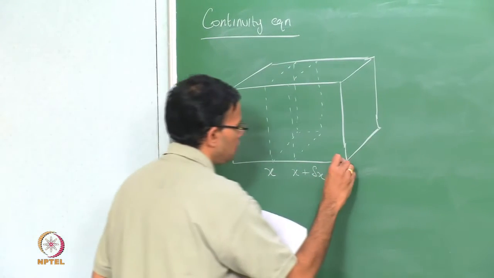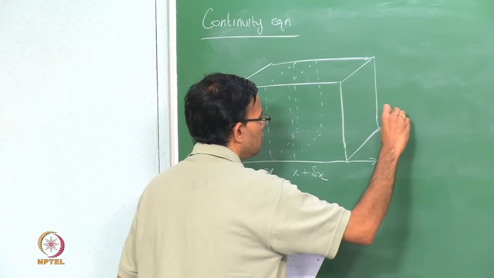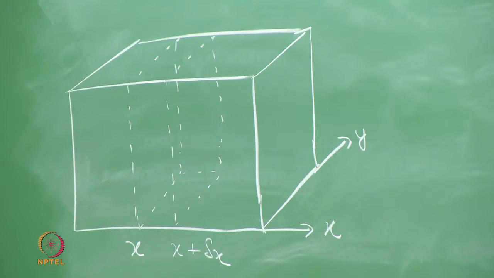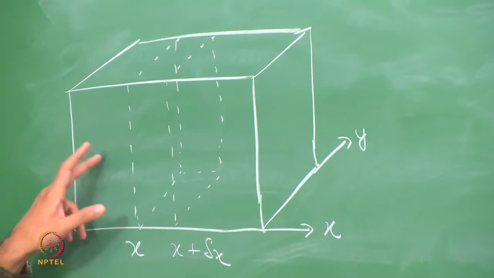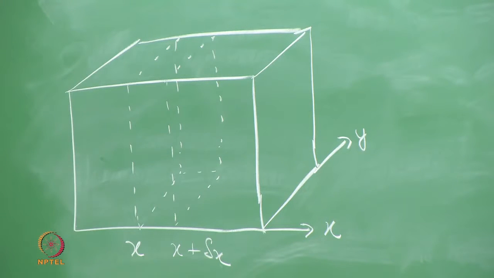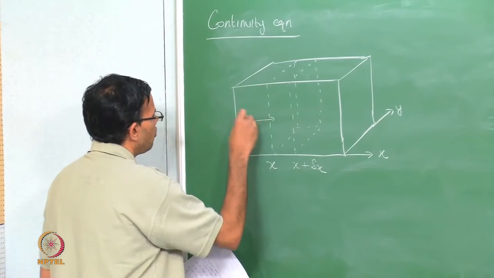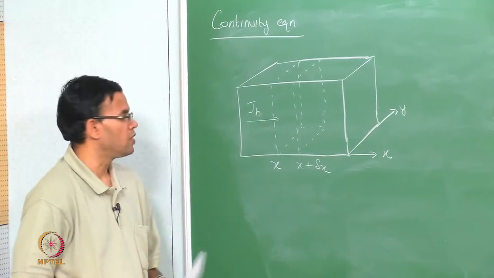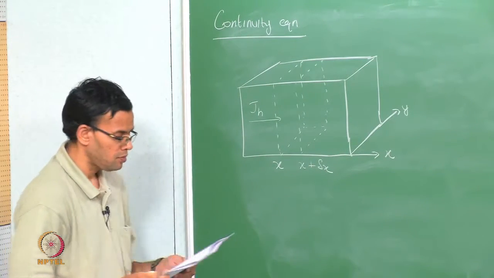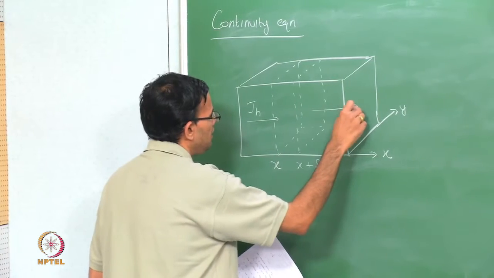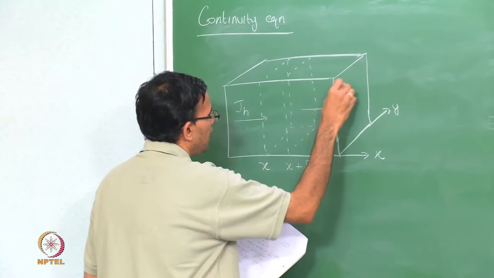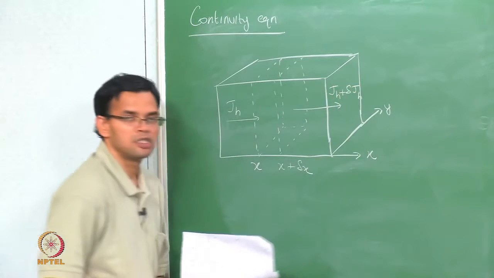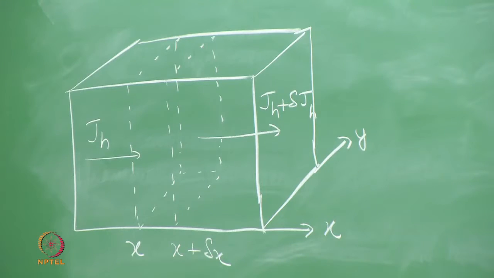So, this direction is my x direction, this direction is the y direction. So, I have some flux of holes that is entering into the small incremental slab at x. So, I am going to call it JH, which is the flux of holes that is entering the small portion, and I have a flux that is leaving. I am going to call it JH plus a delta JH. So, delta JH can be positive or negative.